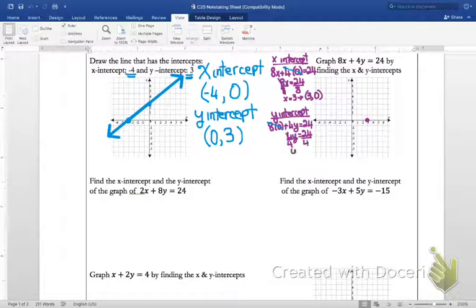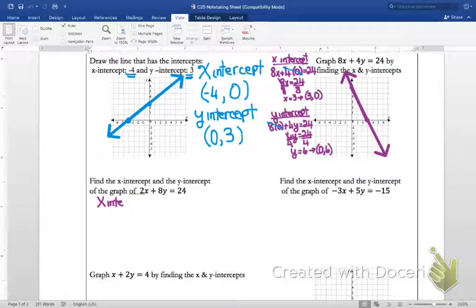I'm going to solve that, and I'm going to get that y equals 6. But again, this is an ordered pair. The y-intercept is 0, 6. Then I'm going to use my line tool, and draw a line through those 2 points, the x and y intercepts. Make sure you take your line all the way off your graph.